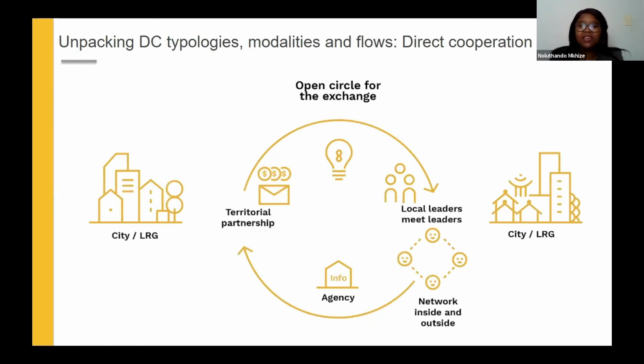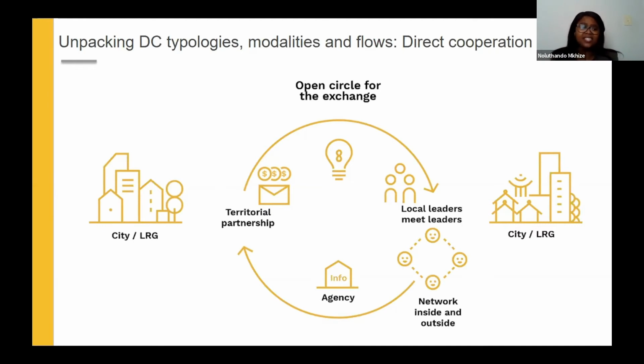So when we look at direct cooperation, direct cooperation is the partnership between the local and regional governments, wherein the resources, expertise, knowledge, experience, all of these factors flow in between the different territories in multiple directions between the multiple actors. Originally, it was known as north to south vertical partnerships, as I alluded to before, and today they flow in multiple directions.